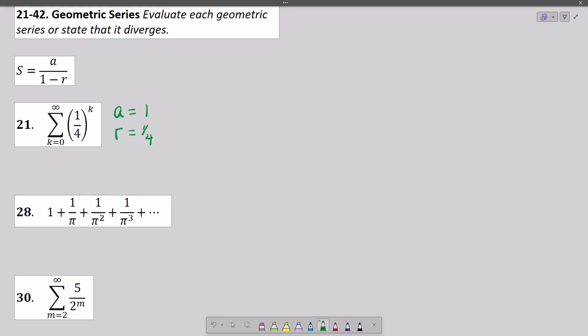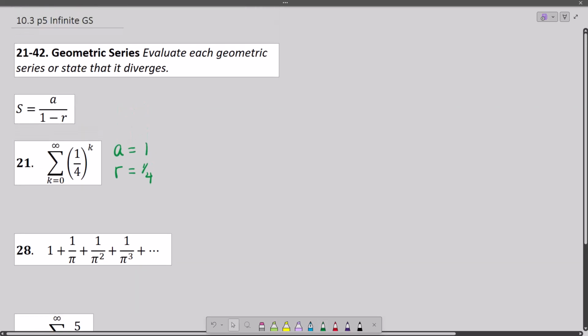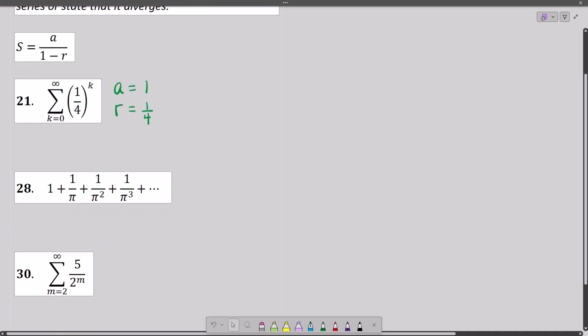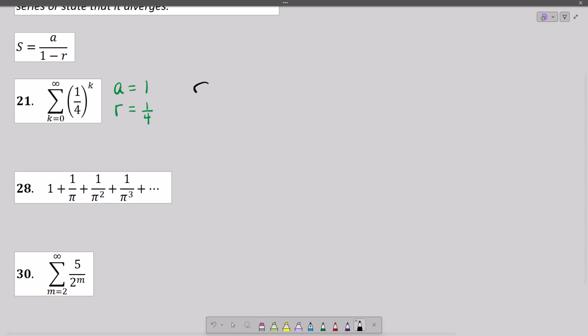A is the very first term, found by plugging in the first index value. So the sum of this infinite series is going to be so much easier to find. Done. We just added an infinite number of numbers together.